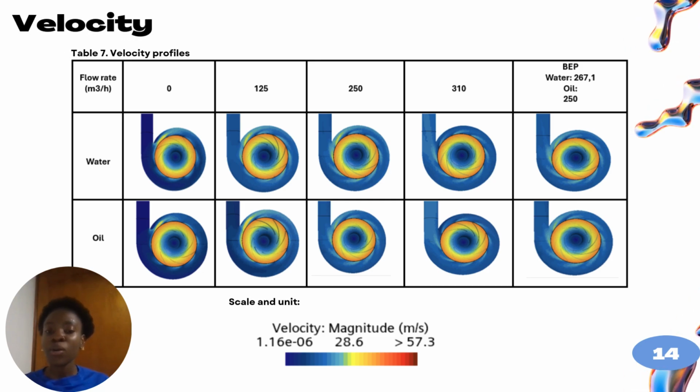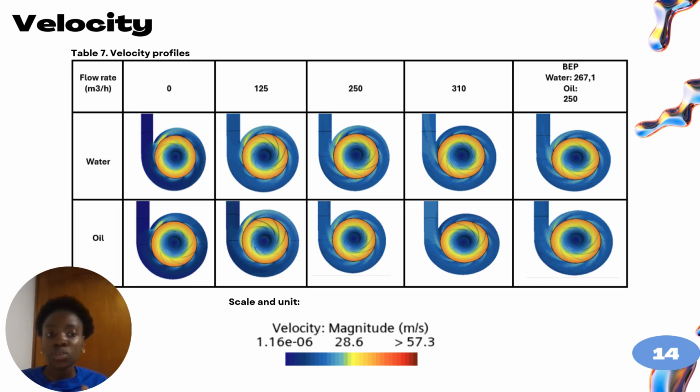Analysis of velocity profiles. In this table, the velocity profiles at different flow rates for water and oil can be observed. It can be seen that as the flow rate increases, the velocity also increases according to the scale shown below. This is because the higher flow rate generates more energy, resulting in a higher velocity.